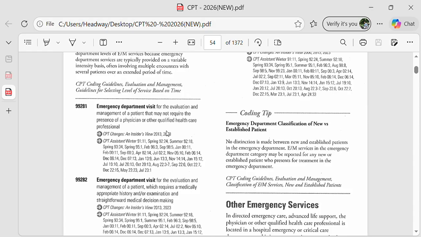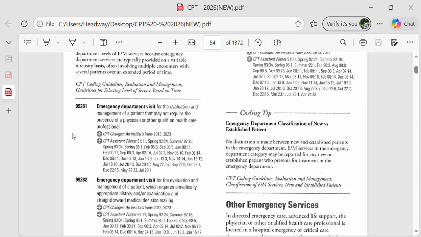Is the presence of a physician necessary for that scenario? No. Then we call it the down code, and we just give 99281 and submit that file. So this is 99281. It is a very rarely used code in the emergency department.